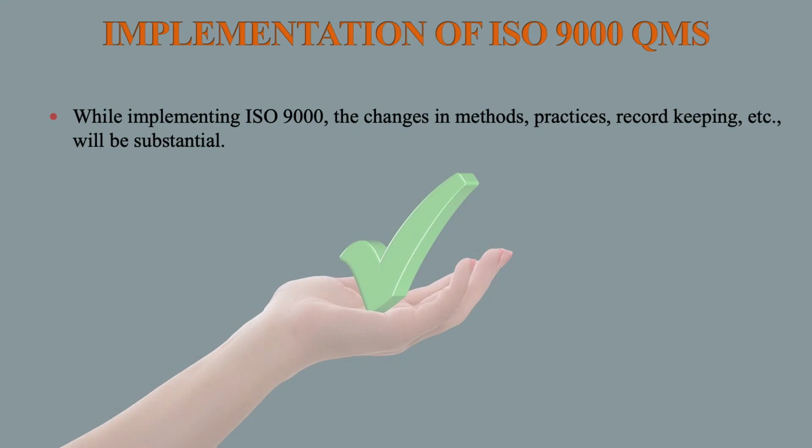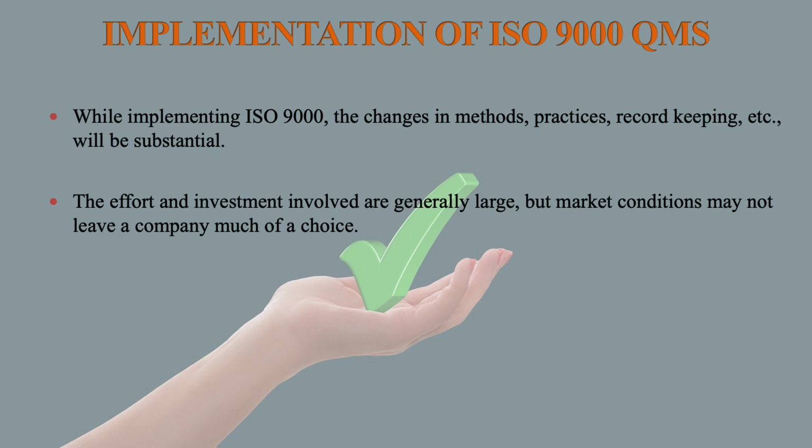Implementation of ISO 9000 quality management systems. While implementing ISO 9000, the changes in methods, practices, record keeping, etc. will be substantial. The effort and investment involved are generally large, but market conditions may not leave a company much of a choice.